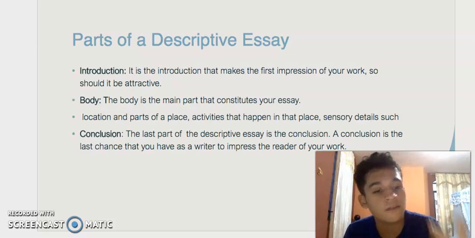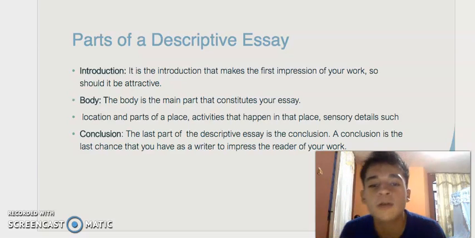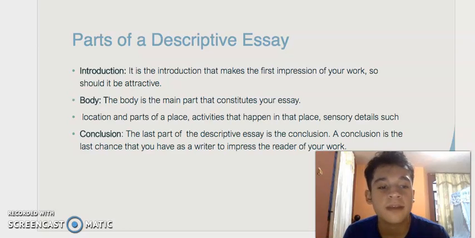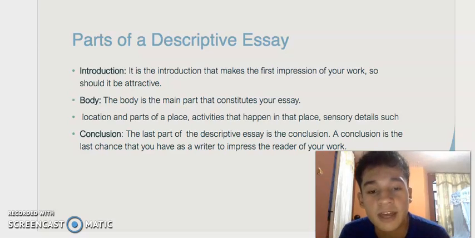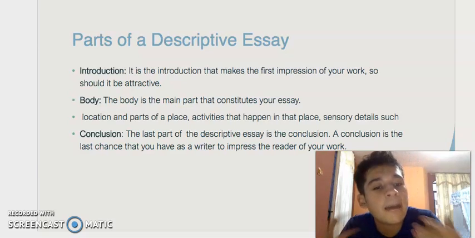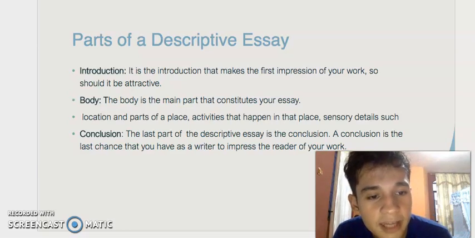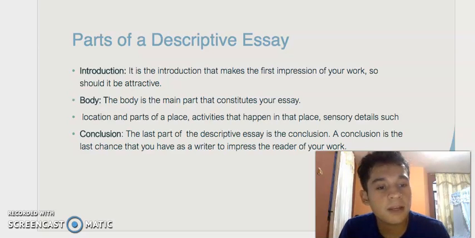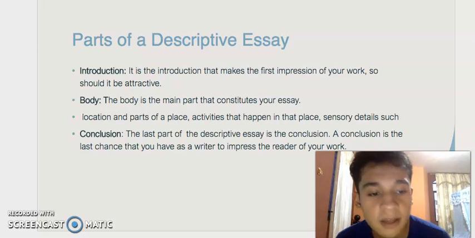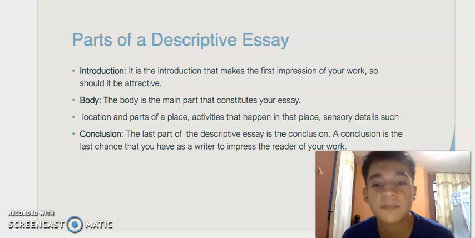In the first part, we usually talk about the locations and parts of a place when we're describing a place in a descriptive essay. In the second part, we are usually talking about the activities that happen in that place. And in the third body part, we are talking about the sensory details. Like I said before, sight, sound, taste, smell, and others.